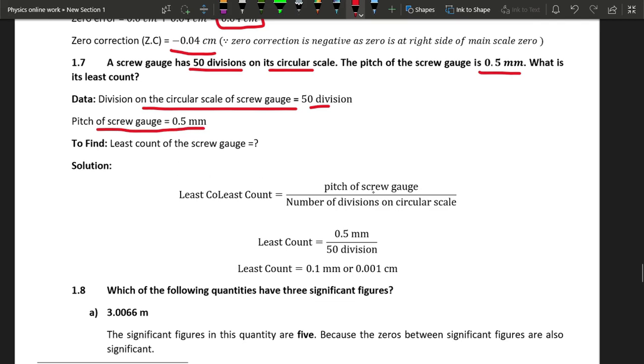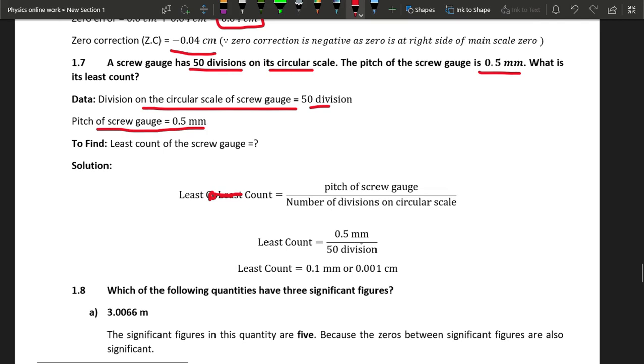As we know the formula, the least count can be found by dividing pitch of the screw gauge by number of divisions on the circular scale, and pitch of the screw gauge is 0.5 millimeter as given in the data, and number of divisions on circular scale is 50.